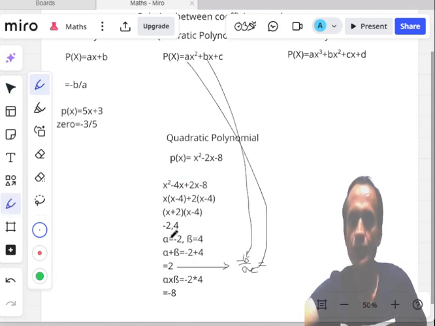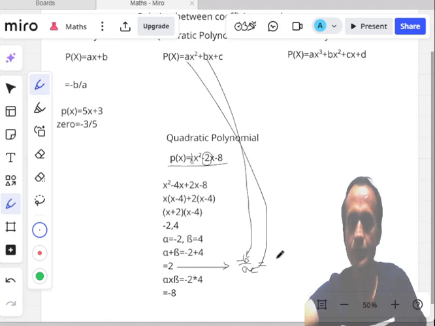See, we are trying to find out the relation between the zeros and the coefficients of the polynomial. Can you see that this 2 is the same as minus b, the coefficient of x, divided by the coefficient of x square? Here the coefficient of x is minus 2 and the coefficient of x square is 1.